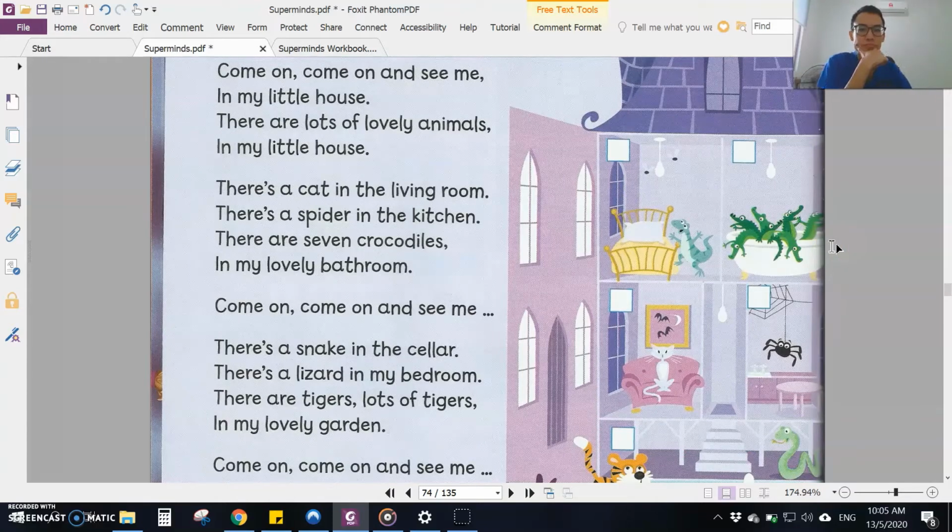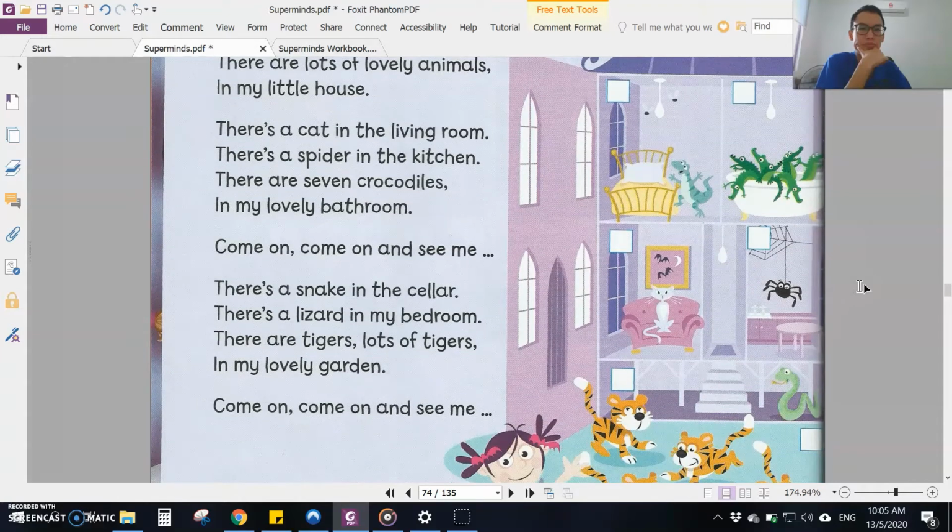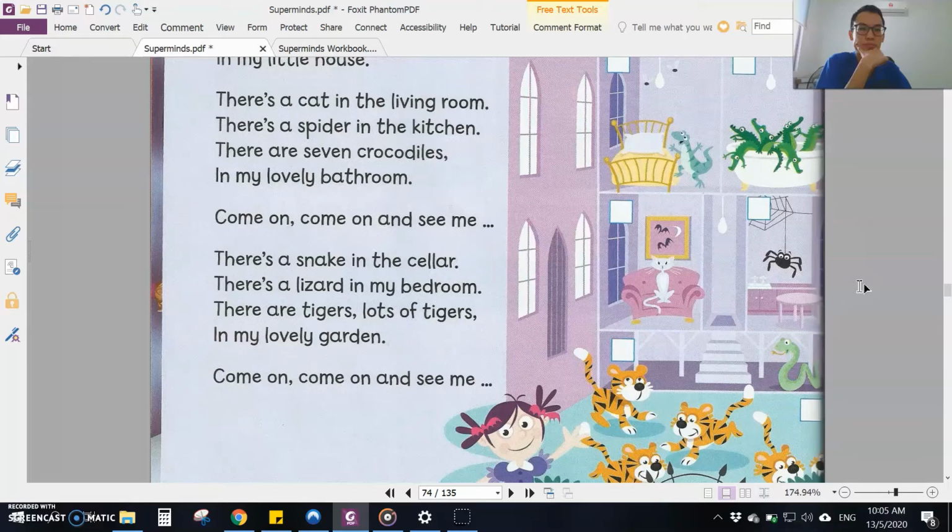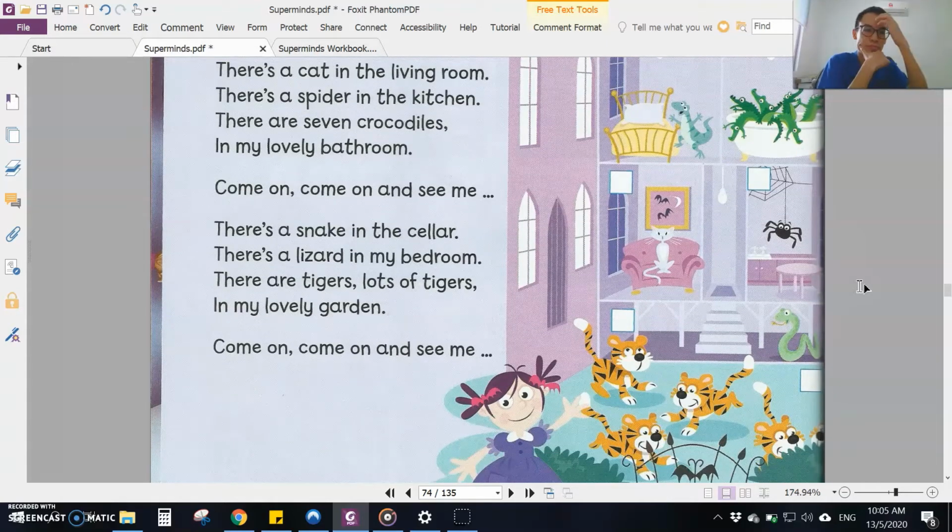There are lots of lovely animals in my little house. There's a snake in the cellar. There's a lizard in my bedroom. There are tigers, lots of tigers in my lovely garden.